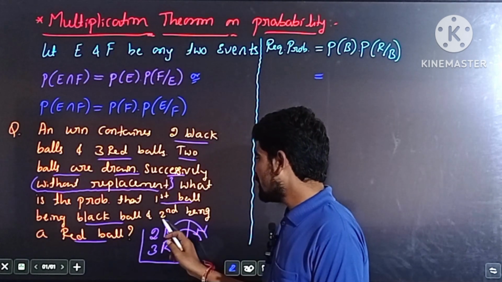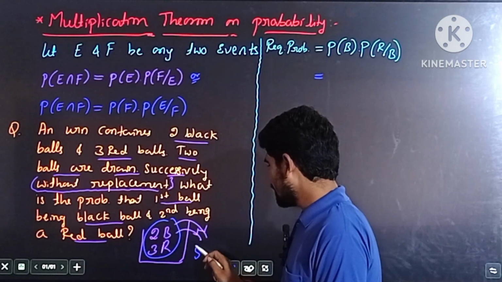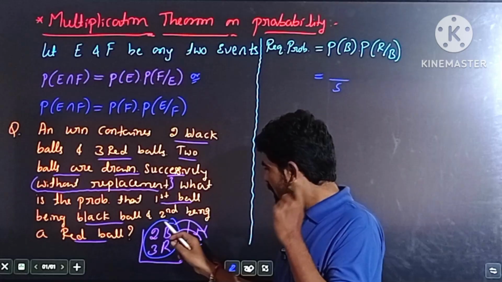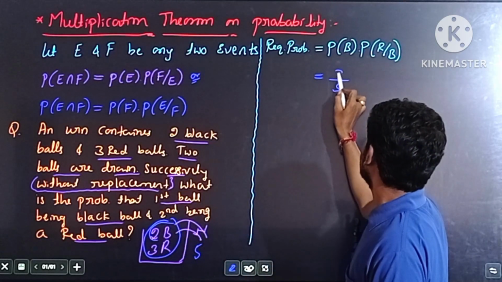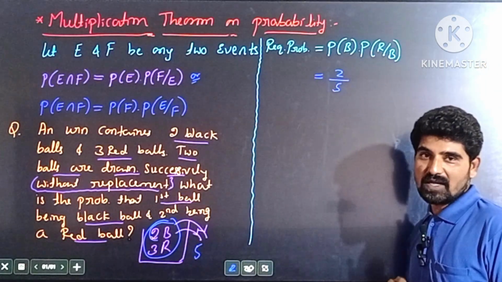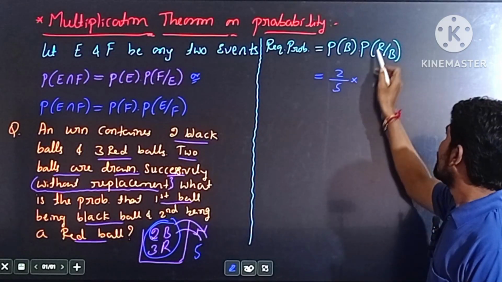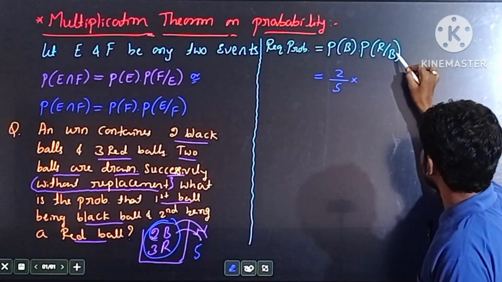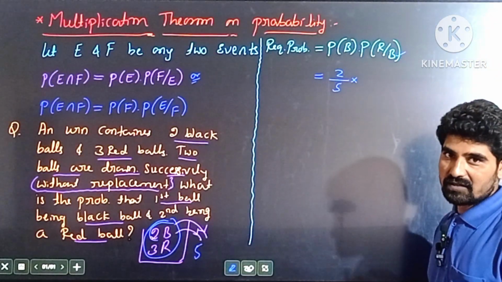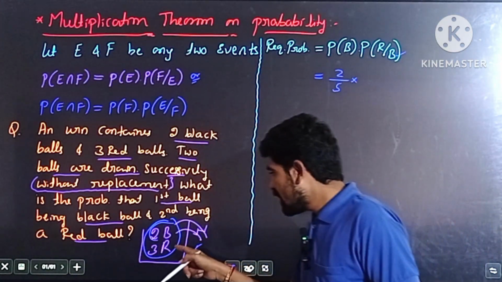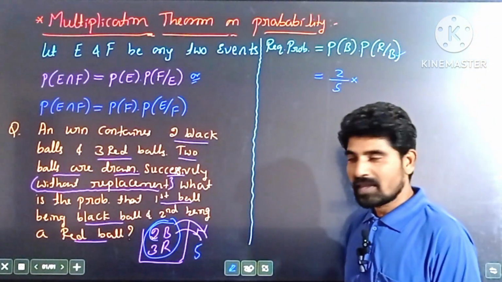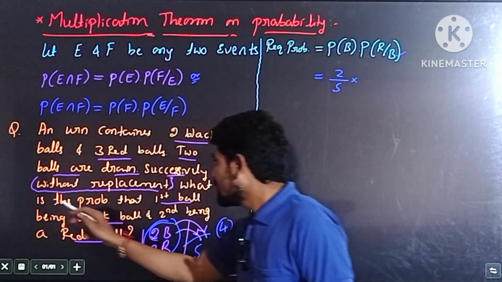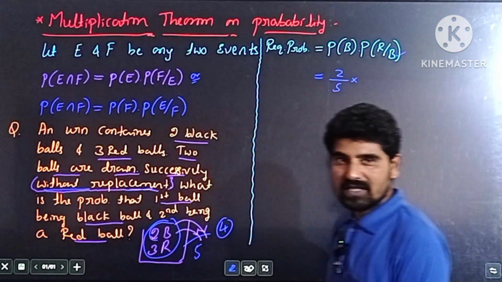Therefore 2 by 5 is the probability of the first black ball, into probability of the red ball when the first ball is black has already occurred. It means one ball is already removed from this box. It means total number of balls in the box is 4 because the manner is without replacement here.